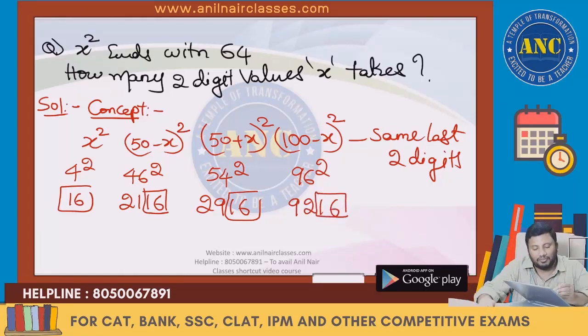You can find 46, 54, 96 very fast. That also we will discuss. I hope it is clear.